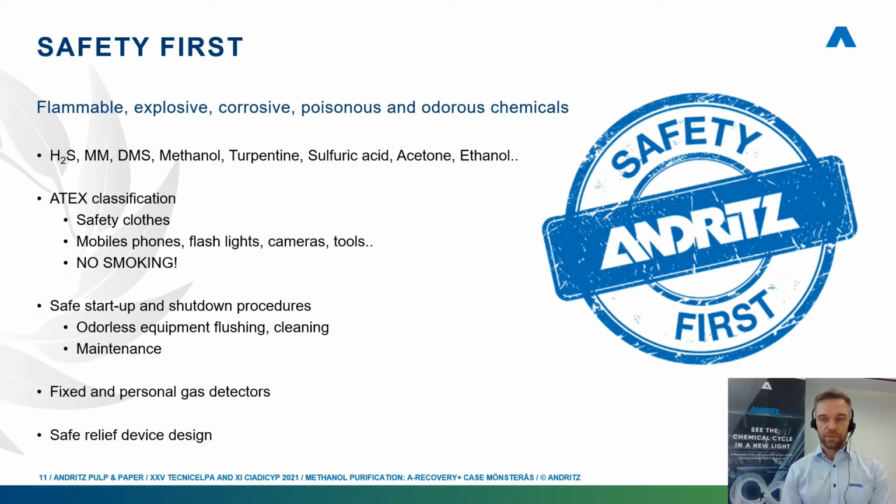Personal operator safety is very important. Everyone at the plant must use personal gas detectors all the time, and there are many fixed gas analyzers located at different locations of the plant.